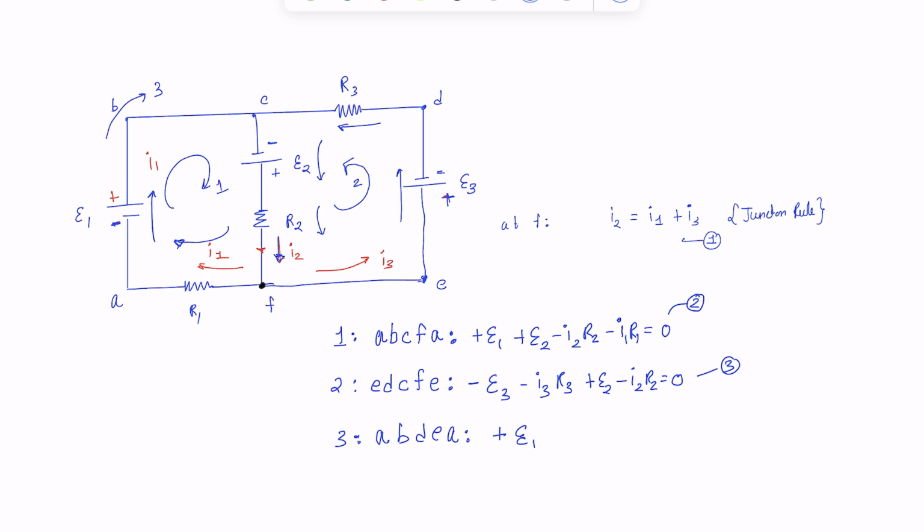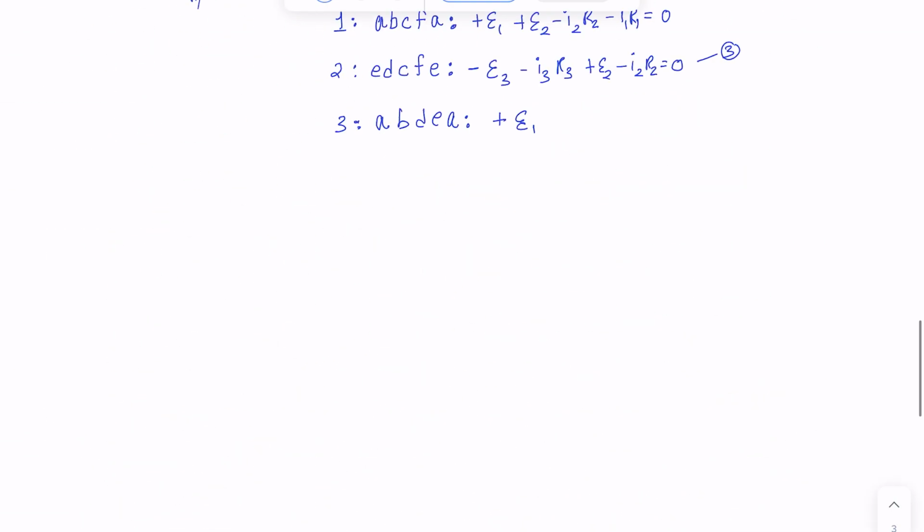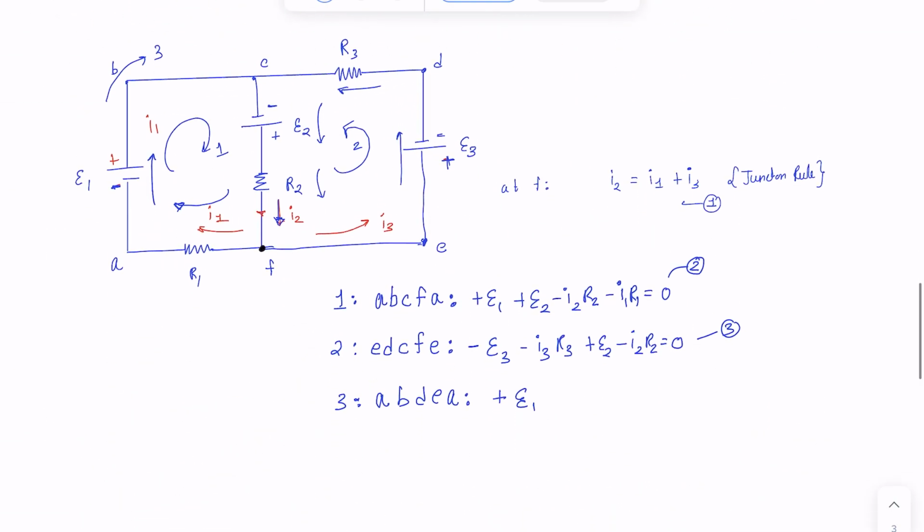Then you look at R3, because this is the bigger loop we are traversing, going around in the bigger circle like this. So the next one we encounter is R3, then we'll see epsilon 3, then we'll see epsilon 1. When you use those 4 conventions that we developed here, you will end up with this equation. Now it is your job to do this.